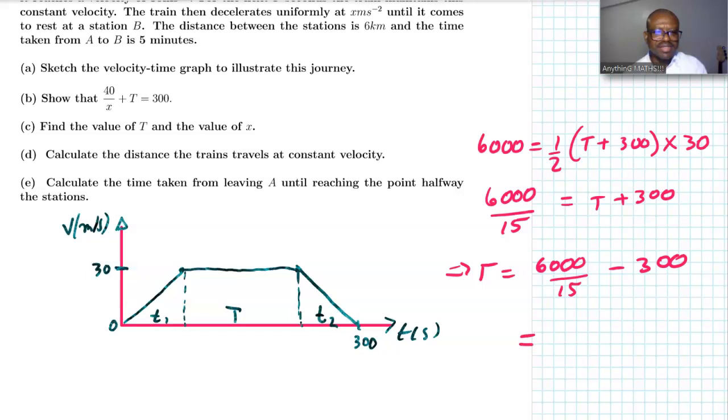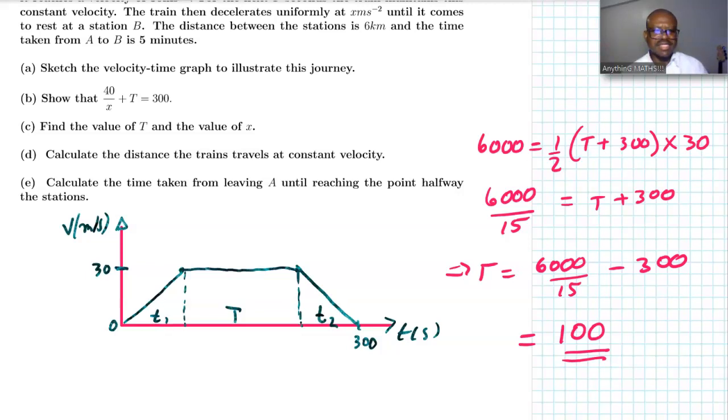Take your calculator and do the work. So we have 6,000 divided by 15 minus 300, we got 100. So this capital T is 100 seconds.